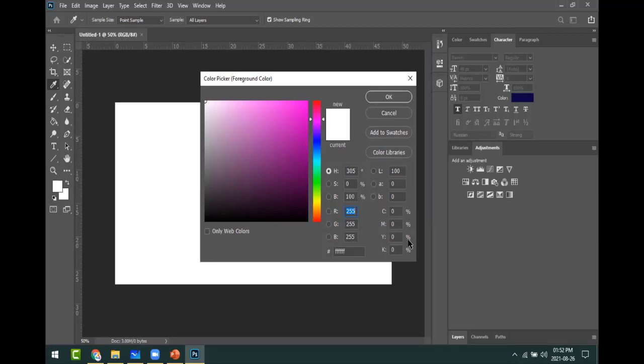If R is 0, what value will come here? Right, in one place it is 0, and in the other place it is also 0. So you see here 0. It means if you mix red, green and blue in equal proportion, you will get white color.